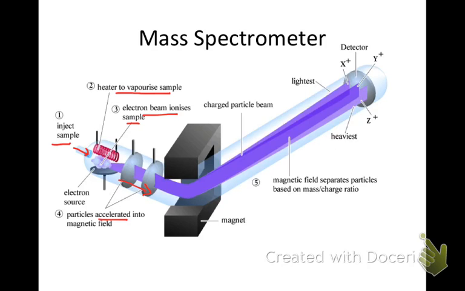There is a magnet, and that serves to deflect the particle beam. This region here is a magnetic field separating particles based on a mass to charge ratio. So it's a charged beam coming through here, the lightest of which is on this side, the heaviest is on this side, and then there is a detector on the end of the mass spectrometer.